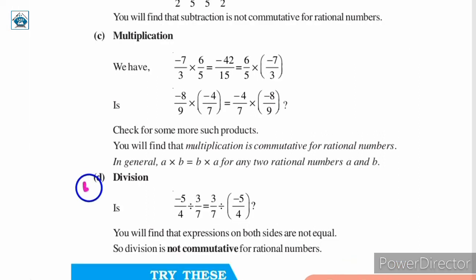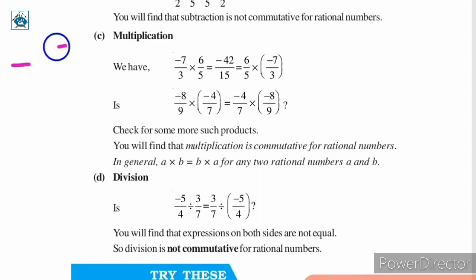Lastly, let us discuss the operation of division. Here we are asked, is minus 5 by 4 divided by 3 by 7 equal to 3 by 7 divided by minus 5 by 4? Now, when you perform the calculations, you will get to know that these are not equal to each other. Let us see how.